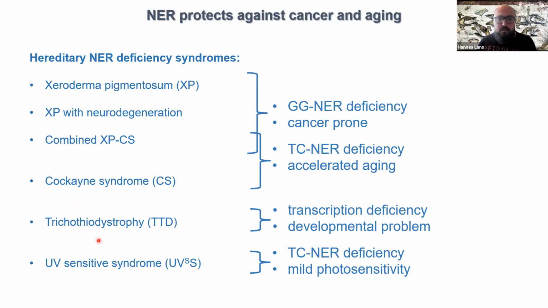This is also caused by mutations in genes, especially genes that are part of this TFIIH complex. Likely these mutations affect more the transcription function of TFIIH than the nucleotide excision repair function per se. Therefore, this disease is also thought to be more a disease of transcription problems than nucleotide excision repair problems.